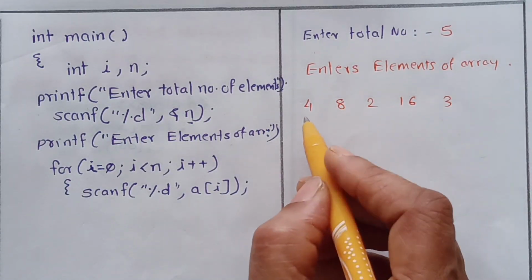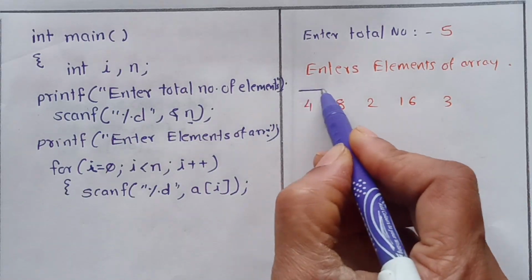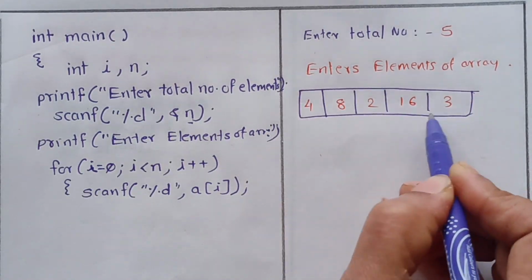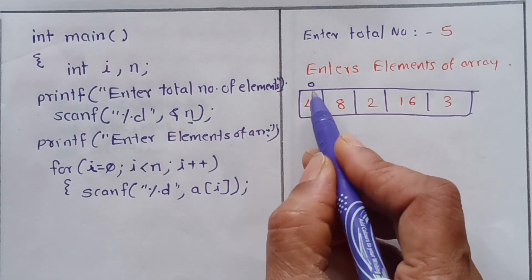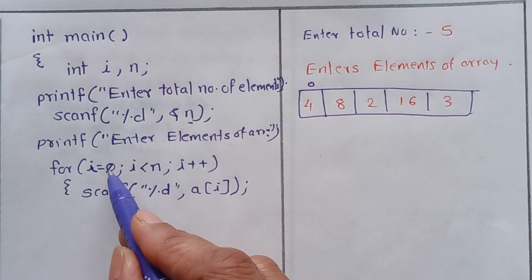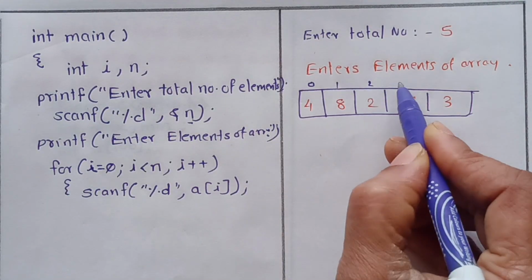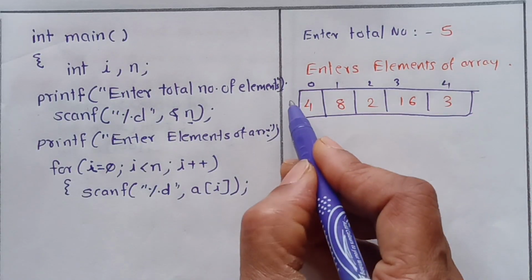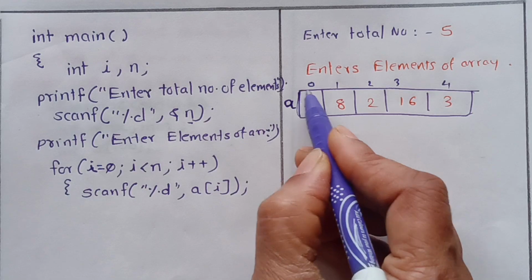These are the 5 elements. So see here, these are the array elements. Whatever you are reading, the first element will be stored in a of 0, because i is first 0. Then 1, 2, 3 and 4. From 0, 1, 2, 3, 4 you have to store. So this is the array a.